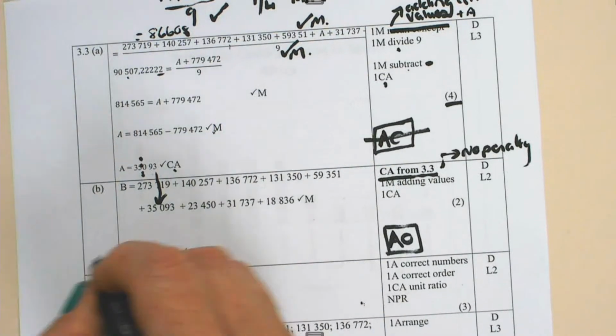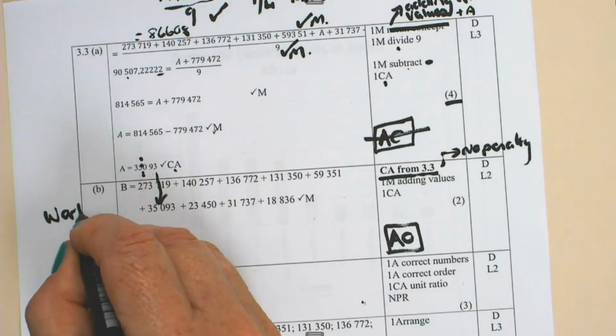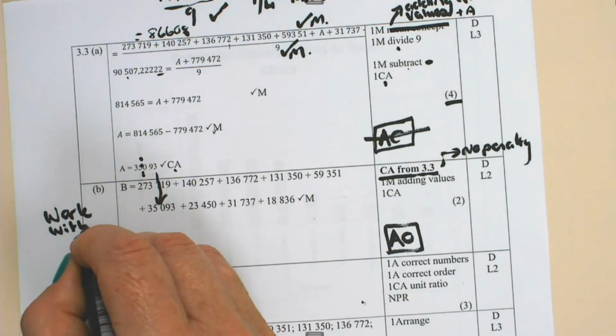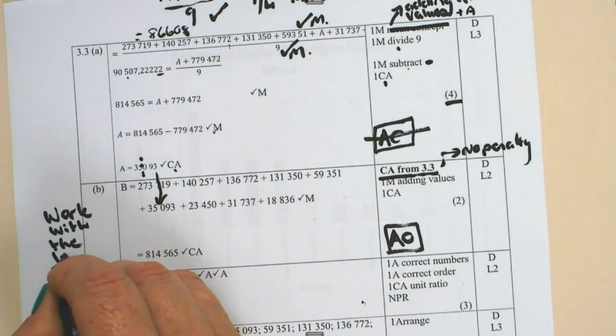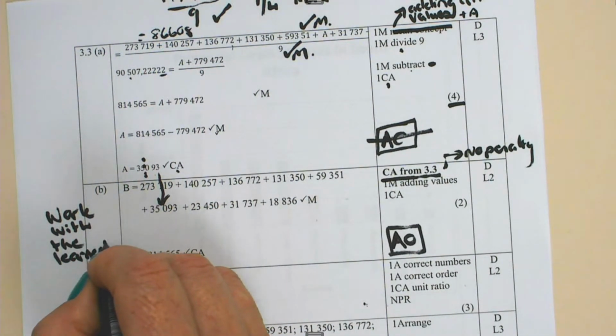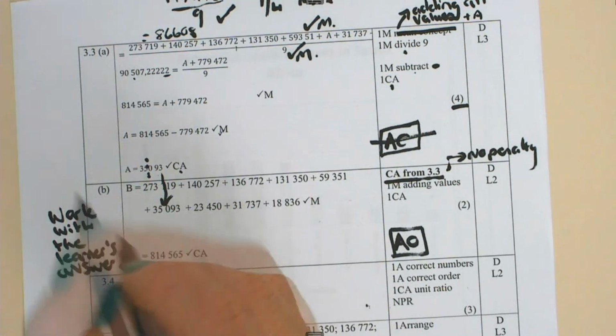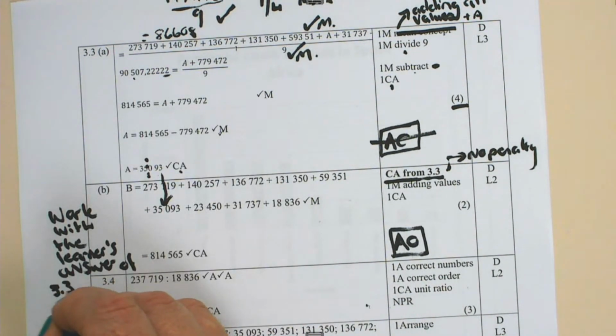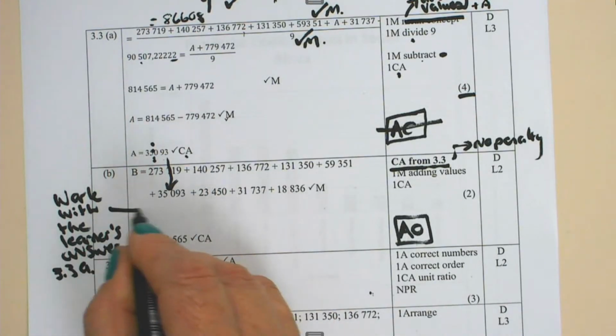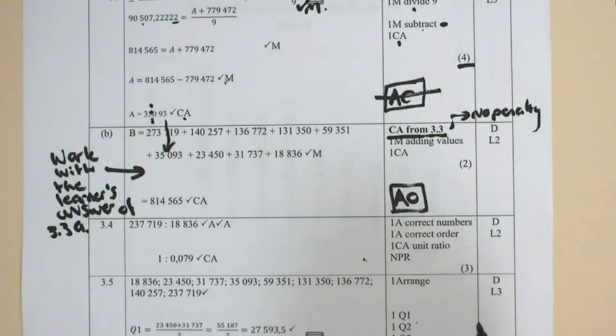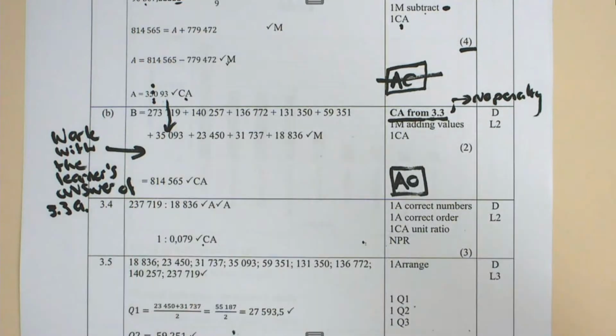So work with the learner's answer of 3.3a. Work with it here. It must be added. Then you can give full marks.